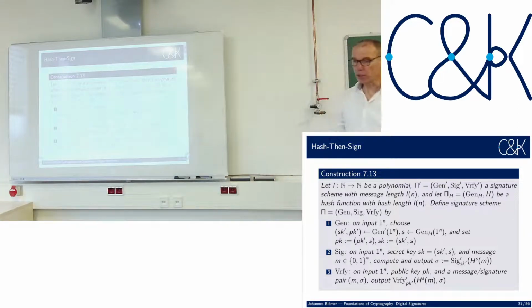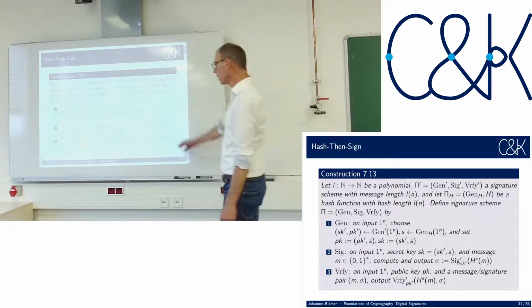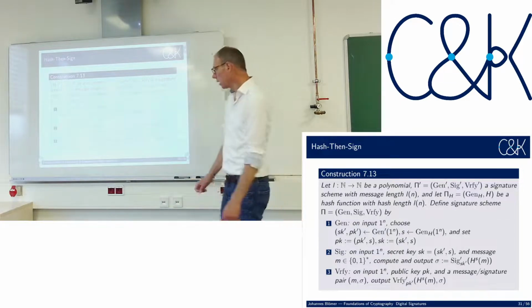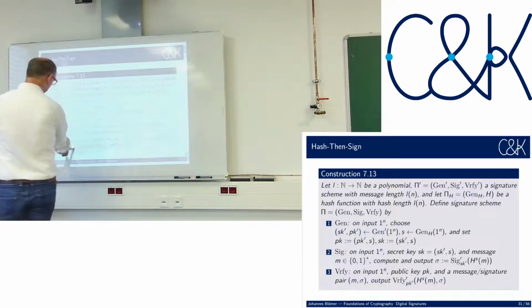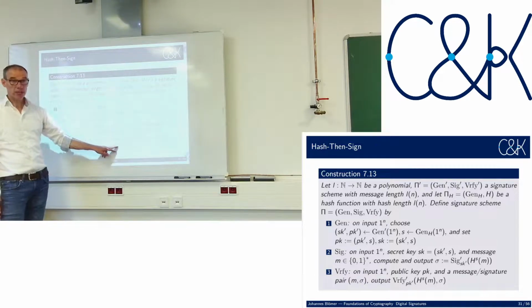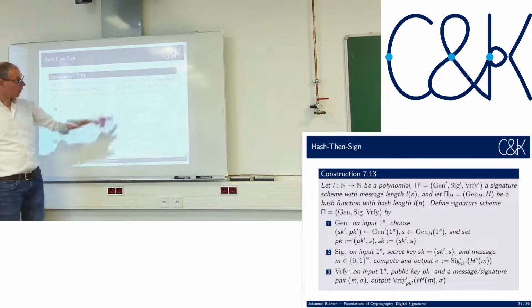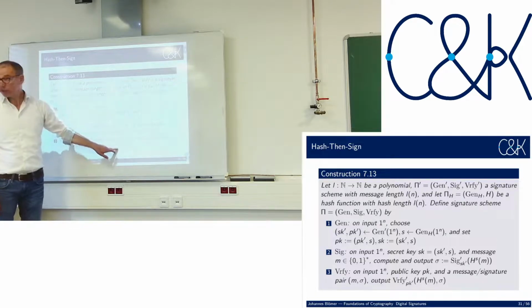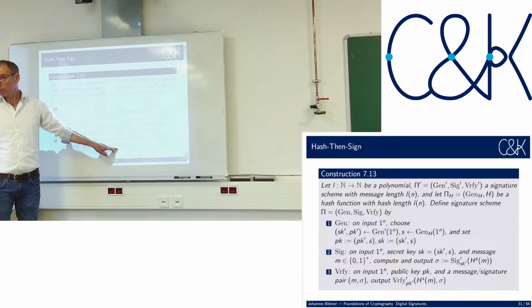And now the verification, on input 1 to the n and the public key pk, which can be written in this form pk prime, s, is as follows. We get m comma sigma. Now the verification algorithm also computes the hash value first. And then it uses the verification algorithm of the original scheme to check that this sigma is a valid signature on the message given by the hash value.